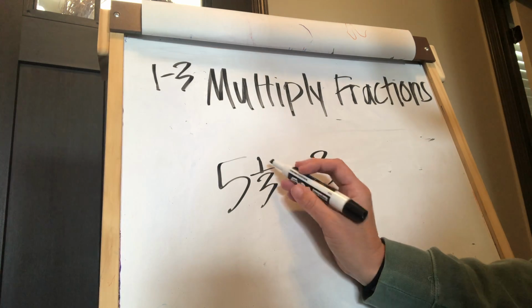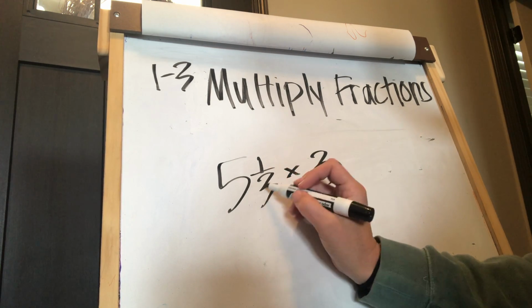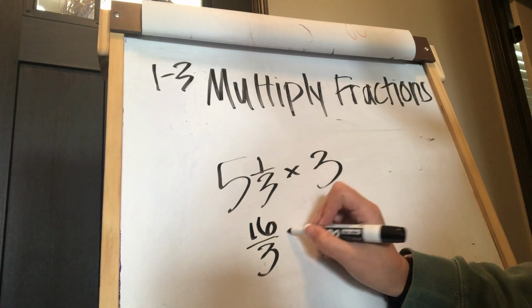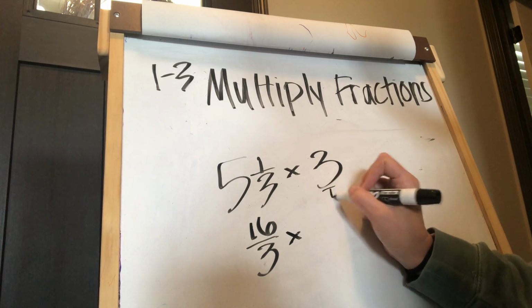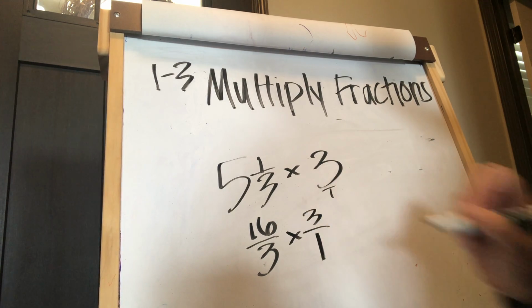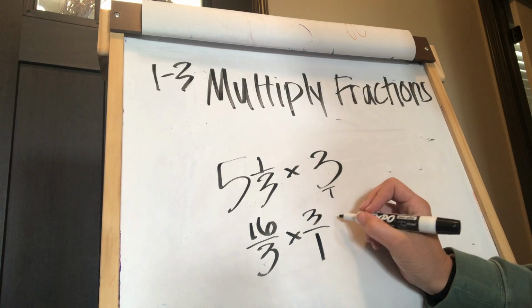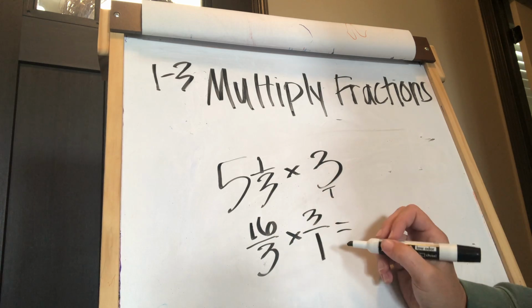If we're looking at this problem, to change that to an improper fraction, 5 times 3 plus 1, we get 16/3. Now remember, how do we change this one into a fraction? We're putting it over 1, so it's 3/1. Looking here, we can multiply across the top and across the bottom.